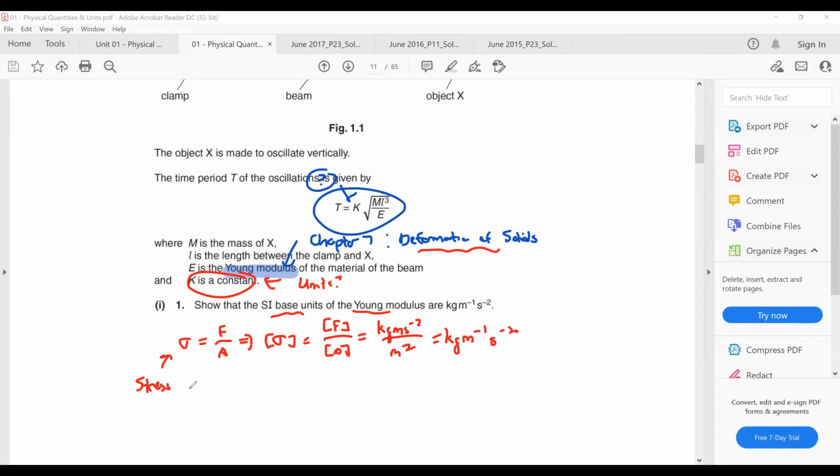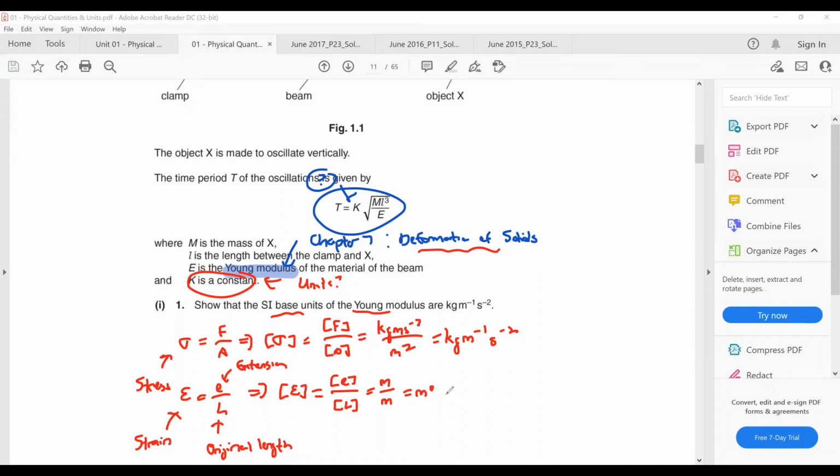And then strain, this one is called strain. You will learn it later also. Strain is extension over original length. So from here, the unit of strain is the unit of extension over unit of length, which will be meter over meter.